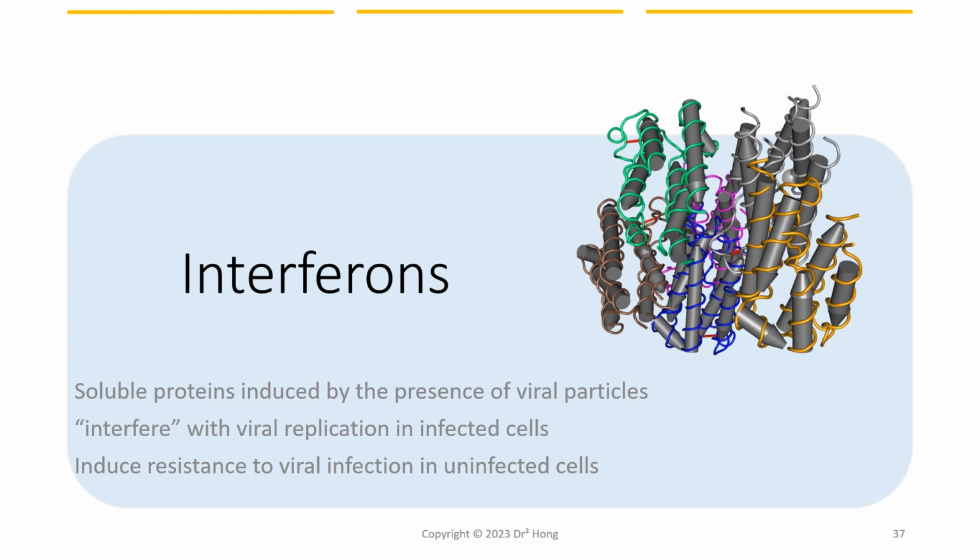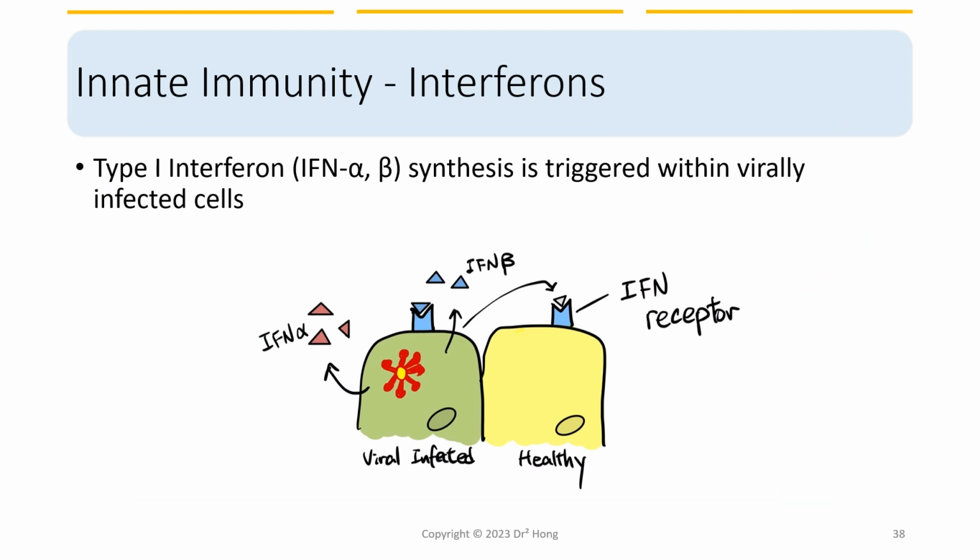They're induced by the presence of viral particles. They interfere with viral replication in infected cells, and they also induce resistance to viral infection in uninfected cells. And we're going to briefly look at the mechanisms. So again, interferon is part of the innate immunity against viral infections.